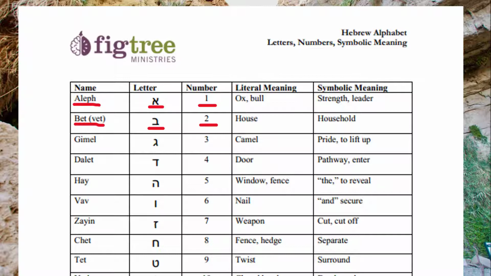So then you can take these numbers and basically go straight through the alphabet. When you get to 10, and I'll show you when I go a little bit lower on the sheet, you'll see it goes from 10 to 20. So you just keep going, Gimel, Dalet, Hey, Vav, Zayin, Het, Tet, and you keep assigning numbers to it.